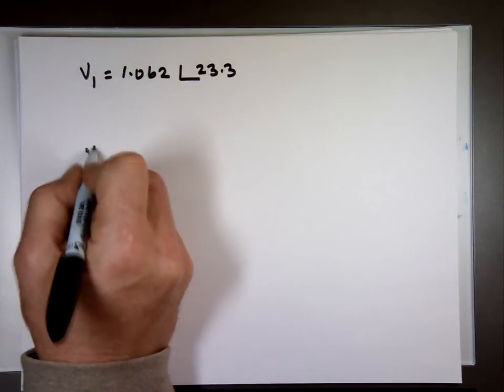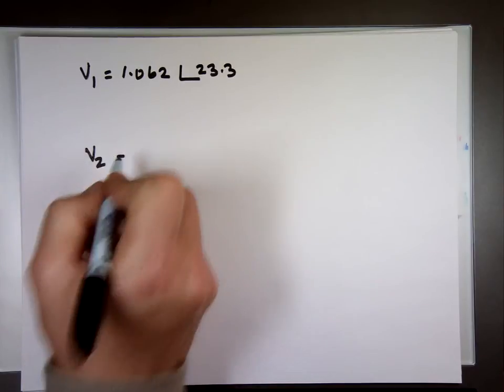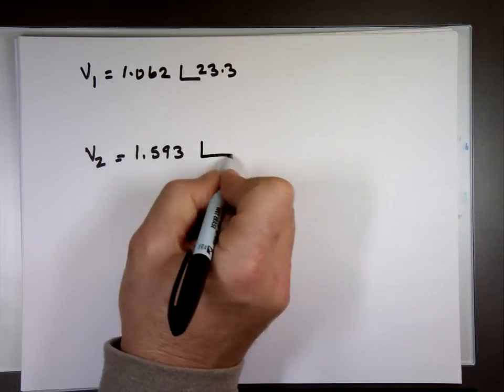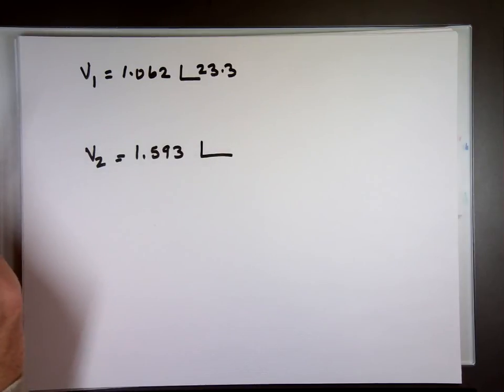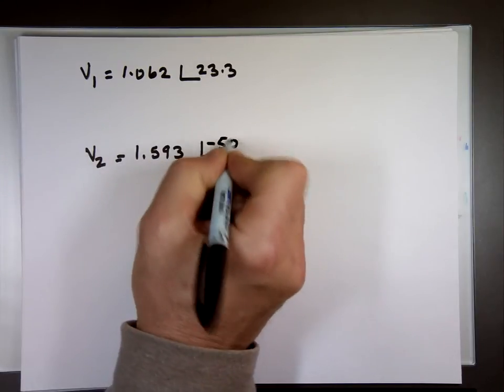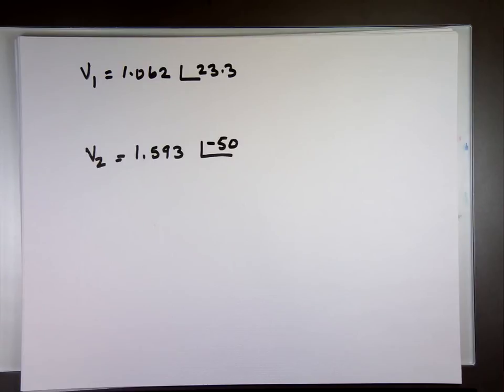V2, I left a space there so I can convert that to a time domain. 1.593, angle negative 49, negative 50 roughly. Well, actually, I can't convert them because the problem was given to us in phasor. 1.062, angle 23.3, 1.593, negative 50, on the money.